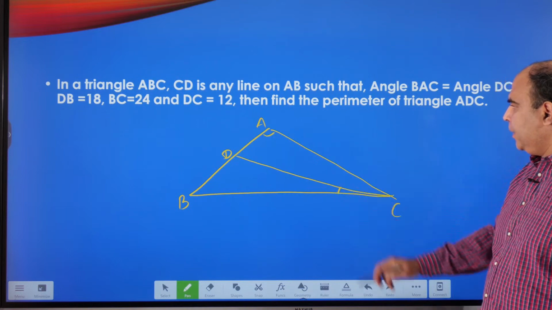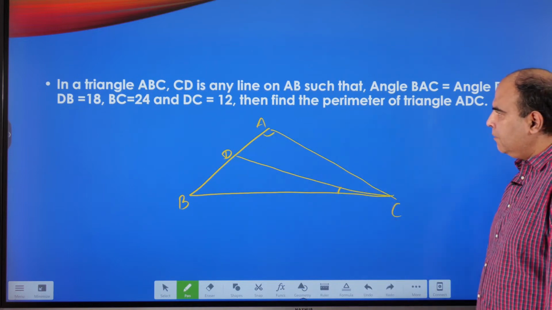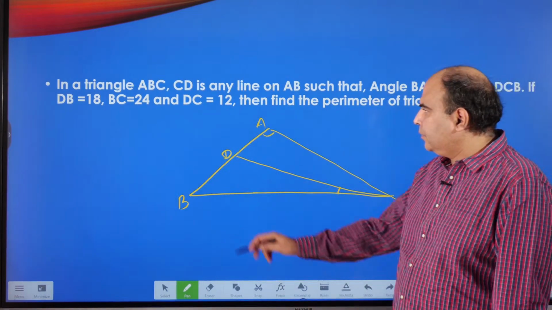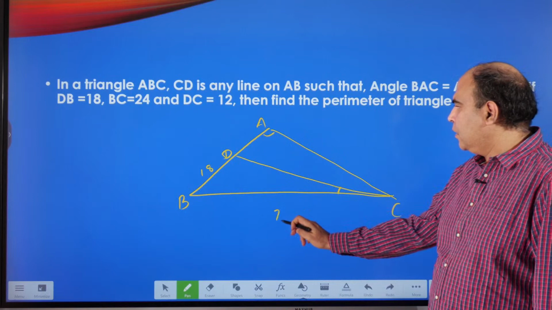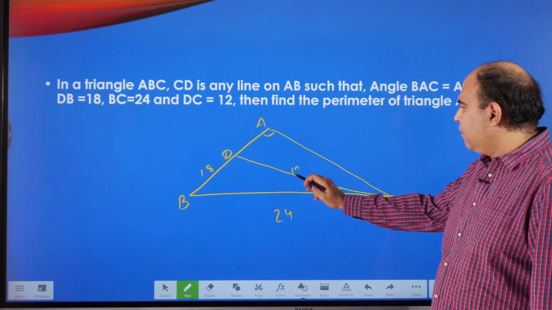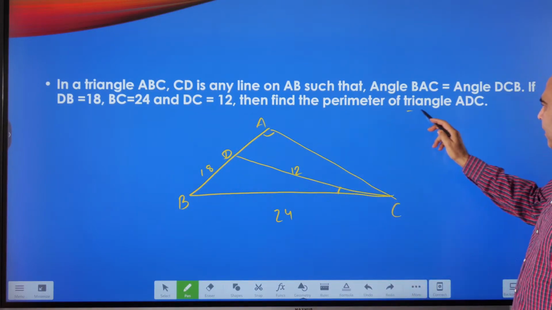If DB is 18, BC is 24 and DC is 12, we are supposed to find the perimeter of the triangle ADC.